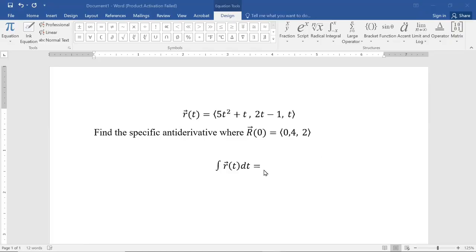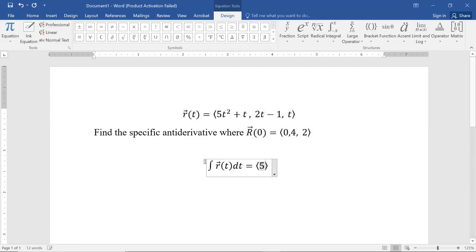So if we want to find the indefinite integral of r of t with respect to t, we're going to integrate each of these individual pieces. They're pretty straightforward to integrate. So we're going to integrate 5t squared plus t.